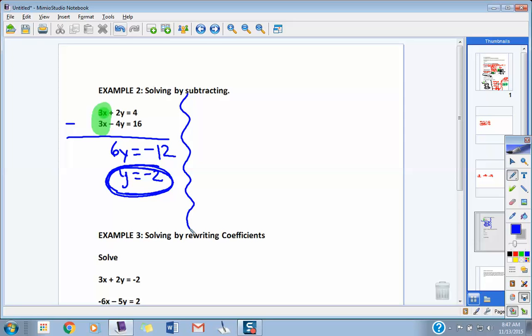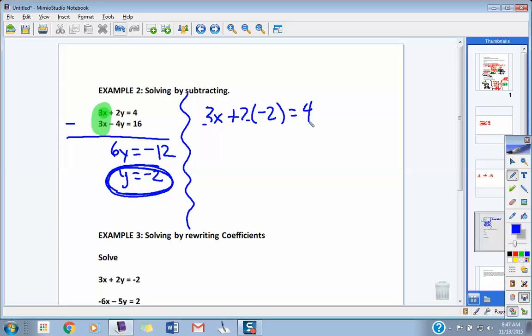Want to use the first one or second one? I always use the first one in stuff like this. So I'm going to call this 3x plus 2 times what now? Two times negative 2. Set that equal to what value?